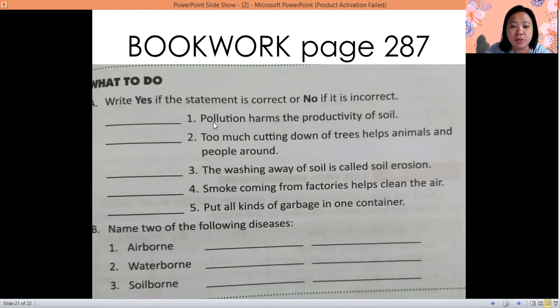Next, number 2. Too much cutting down of trees helps animals and people around. If we cut too much of trees, it can help the people and the animals. Is it yes or a no? Next, number 3. The washing away of soil is called soil erosion. Yes or a no?